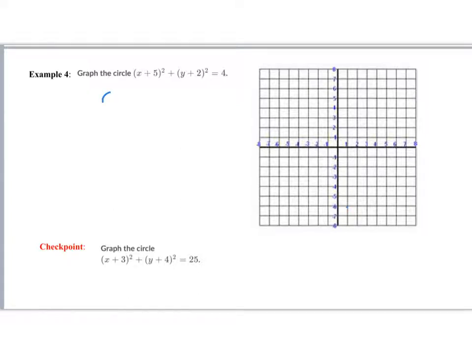So my center is at -5, -2. So I'm going to go to -5, -2. And my radius is going to be 2. So just go 2 on each side. So there's the circle. Okay, tell me the center, tell me the radius of the next one, please.